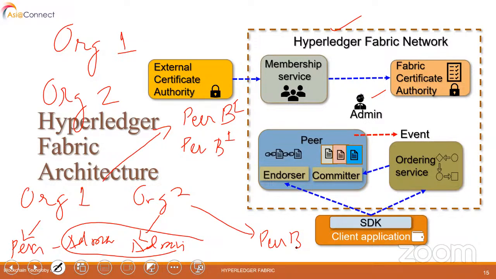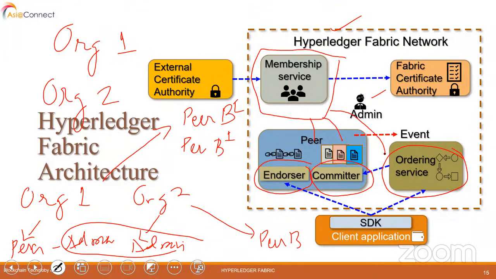Okay, so there are certain peers in this network which are known as endorsement peers. There are certain peers who are known as committing peers. There are certain nodes or peers which are known as ordering peers. There is something known as a membership service of the Hyperledger Fabric network that gives recognition to these peers, each one of these peers.